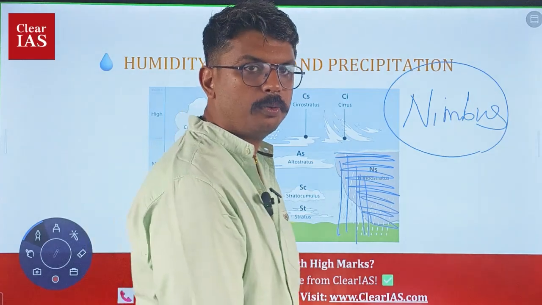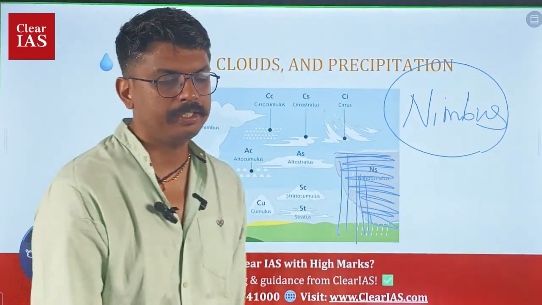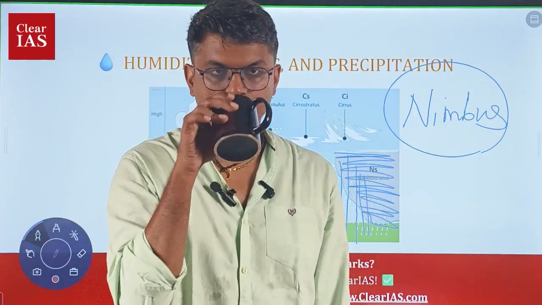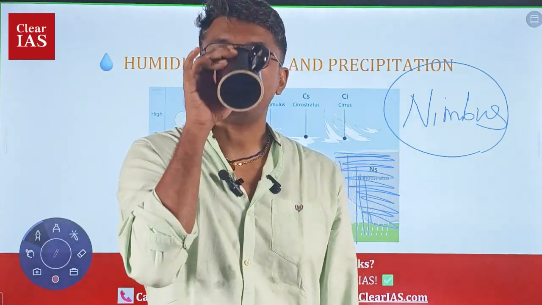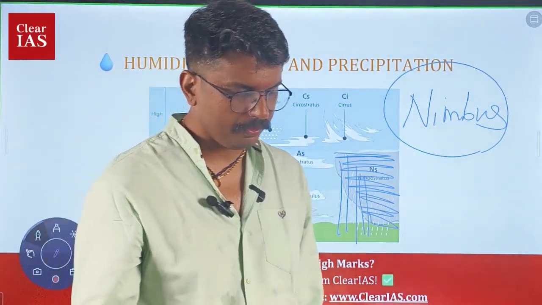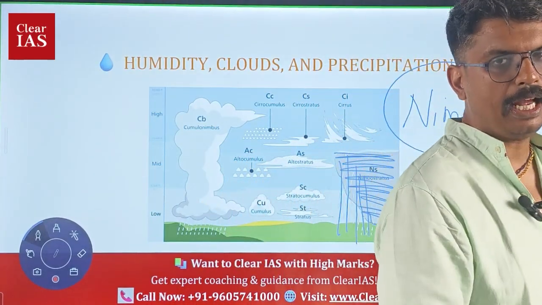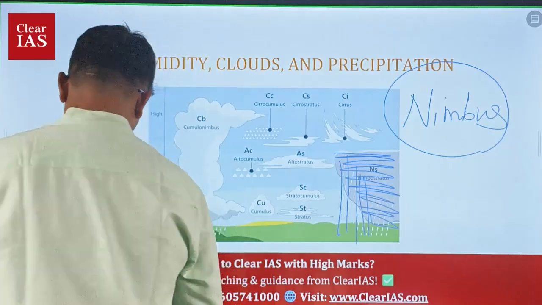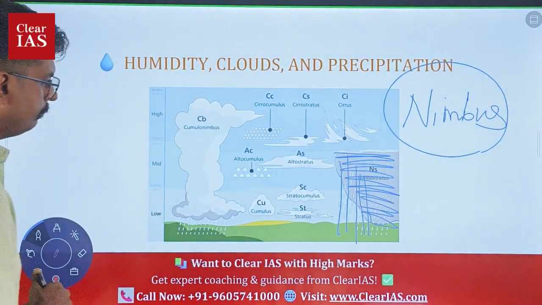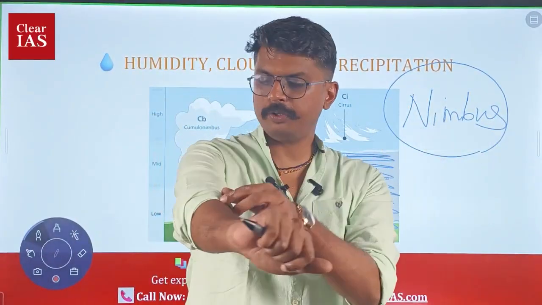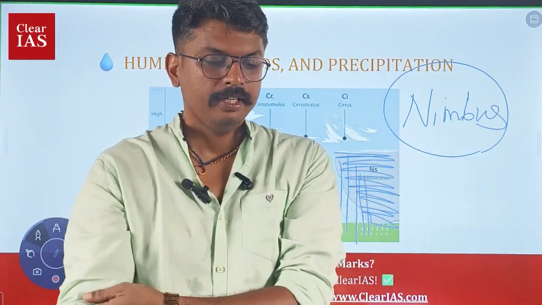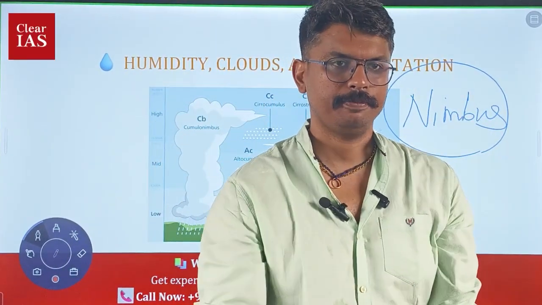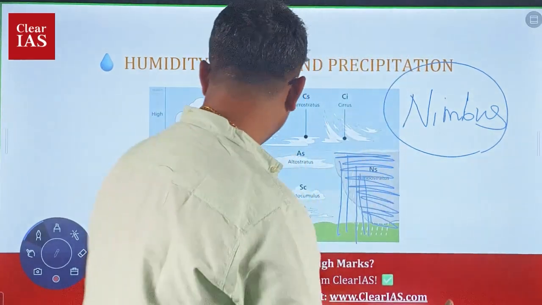So the word nimbus stands for rain bearing clouds. All okay? So in the mains, if you get an easy question like this, explain how clouds are named, you can write this explanation.